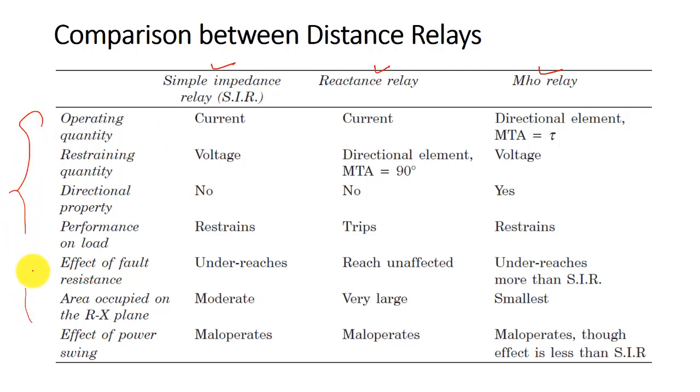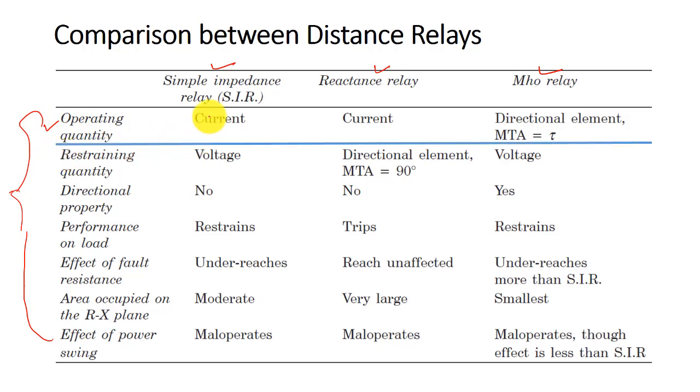The quantities are mentioned here. So first quantity we'll compare is your operating quantity. What is the operating quantity in case of simple impedance relay? The current is your operating quantity. Similarly, in reactance relay, the current is your operating quantity, and in case of Mho relay, the directional element is your operating quantity.